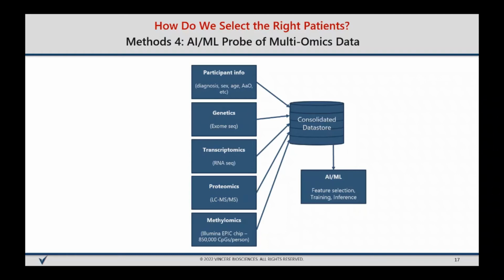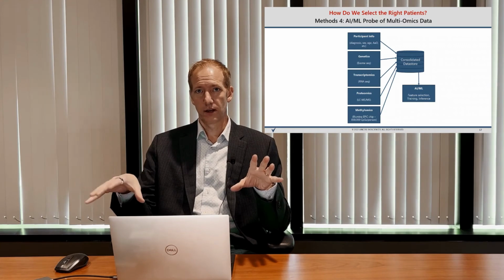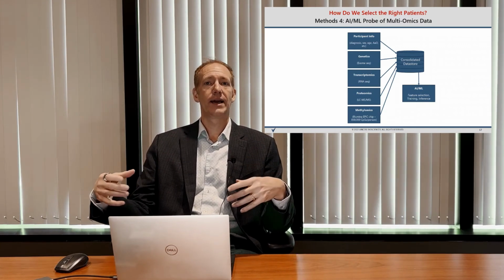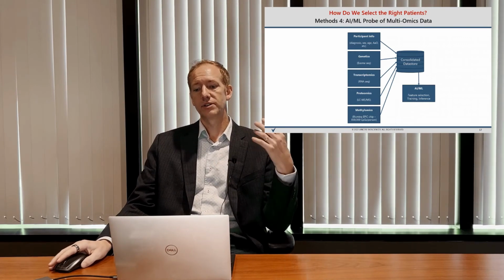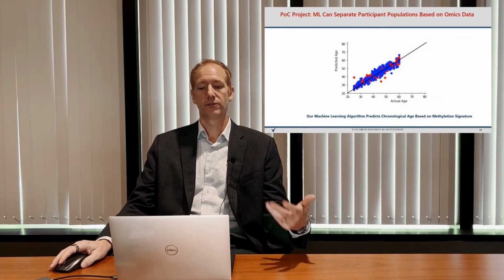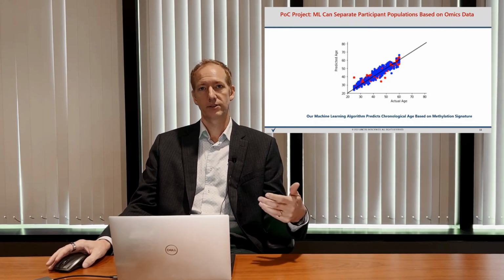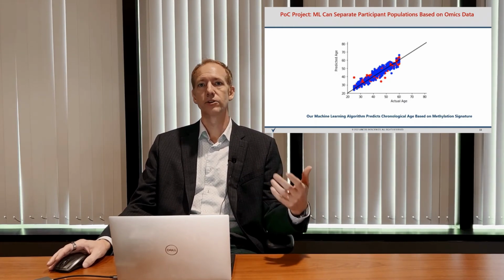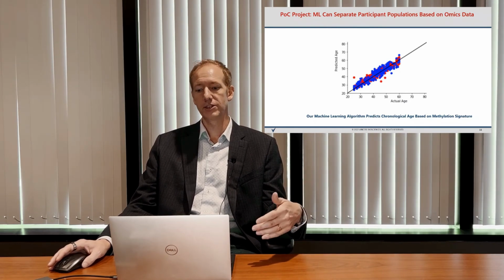And with all of that together, we can start to drive AI and machine learning models that can classify different types of patients and also look at progression along time. As a proof of concept using these types of models, we started working with some of the biological clocks that have been emerging over the last 10 years or so, really spearheaded by the work of Steve Horvath with the methylation clocks.